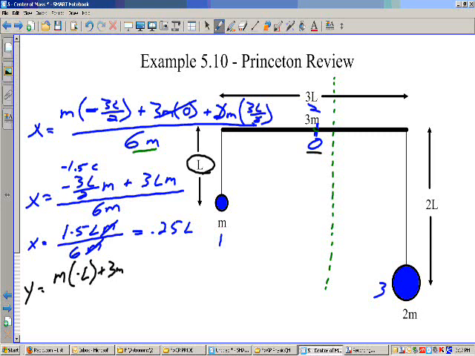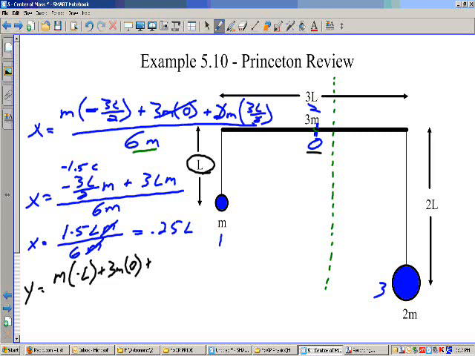My rod is still at the origin, so once again I'm going to put 3m times 0. It seems kind of silly to include this 0, but I'm including it because I want to make sure I include all the masses. Even though this coordinate is 0, it factors into my overall position of the center of mass because I have to include that mass in the denominator.